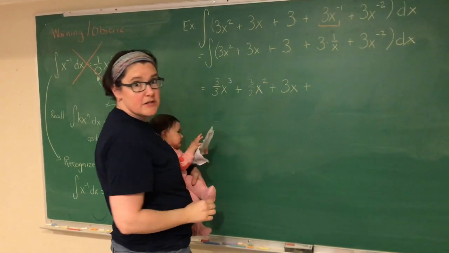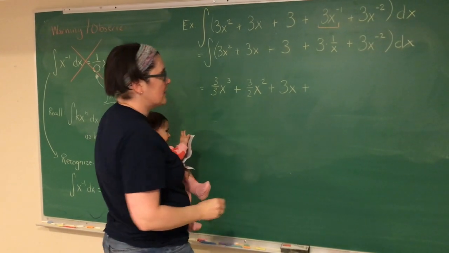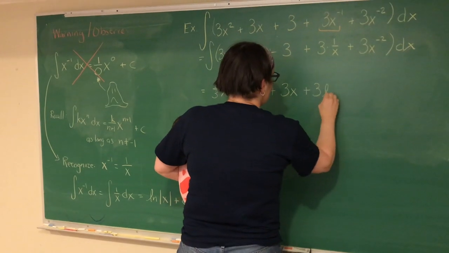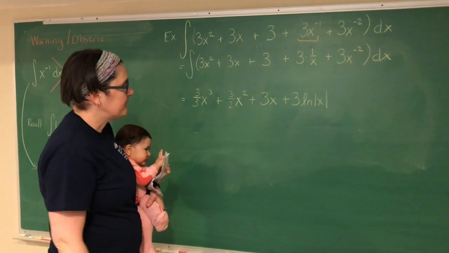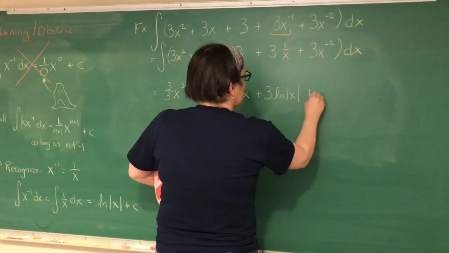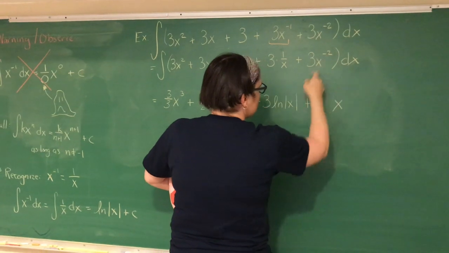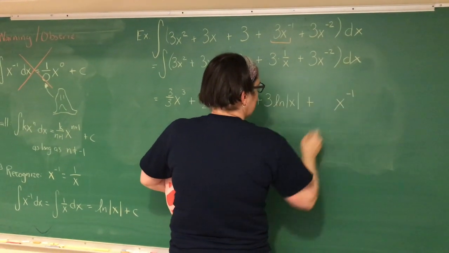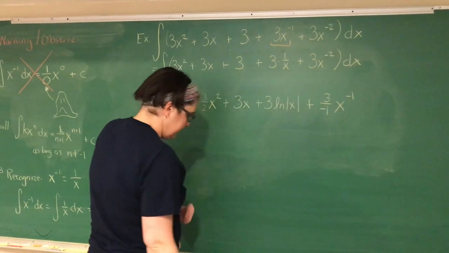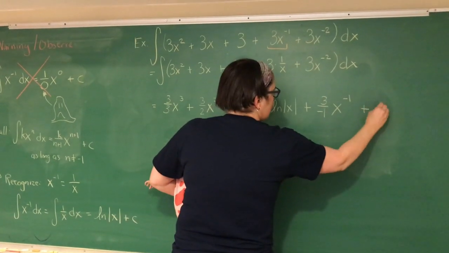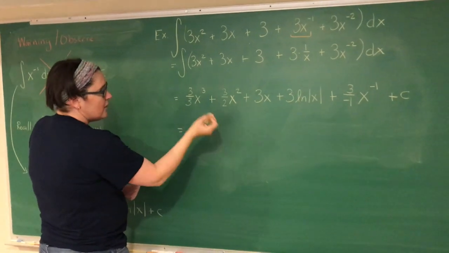Our next term is our special case. The antiderivative of 1 over x is natural log of x. So we have 3 times the natural log of the absolute value of x. And our last one, 3x to the negative 2, I'll add 1 to the power. So negative 2 plus 1 gives me negative 1. And I'll divide the number in front by the new power. And now I can add on a plus c. Okay, so that's an okay final answer.